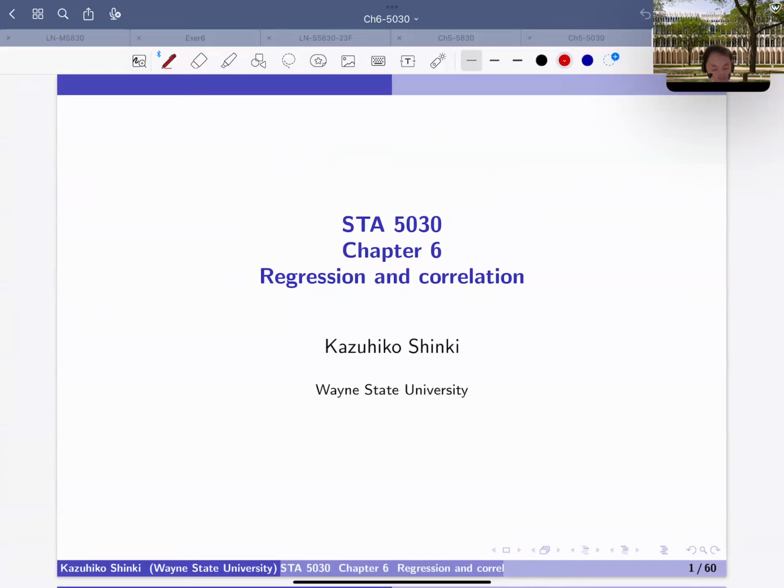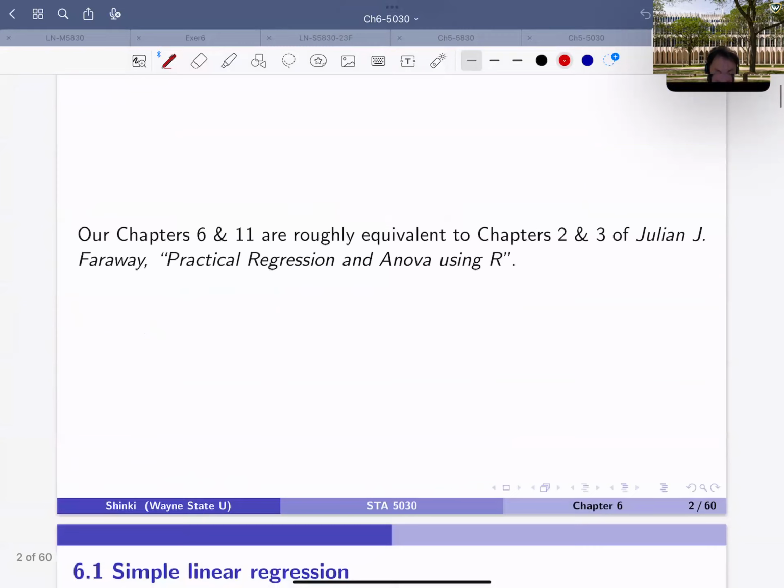I hope that you have already studied it in 2010, maybe just 1 or 2 weeks. Chapter 6 and chapter 11 are related. In chapter 6, we explain some variable by just one other variable, so we explain y by x. In chapter 11, we explain y by multiple factors, like multiple variables x1, x2, x3, and so on.